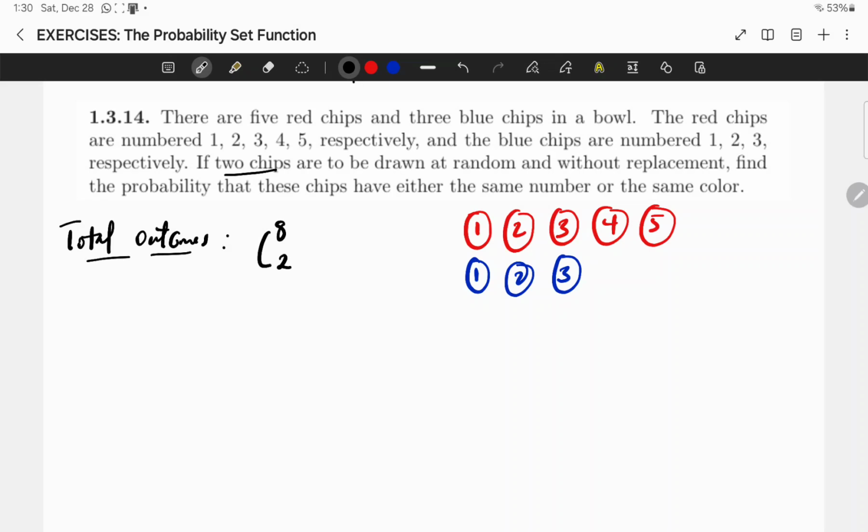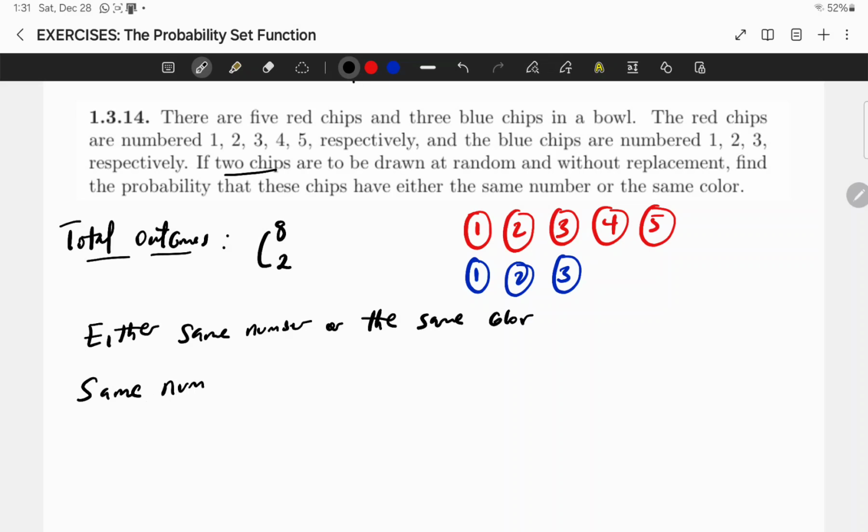So now we have to pick either the same number, or the same color. So to pick the same number, the sheep have the same number.